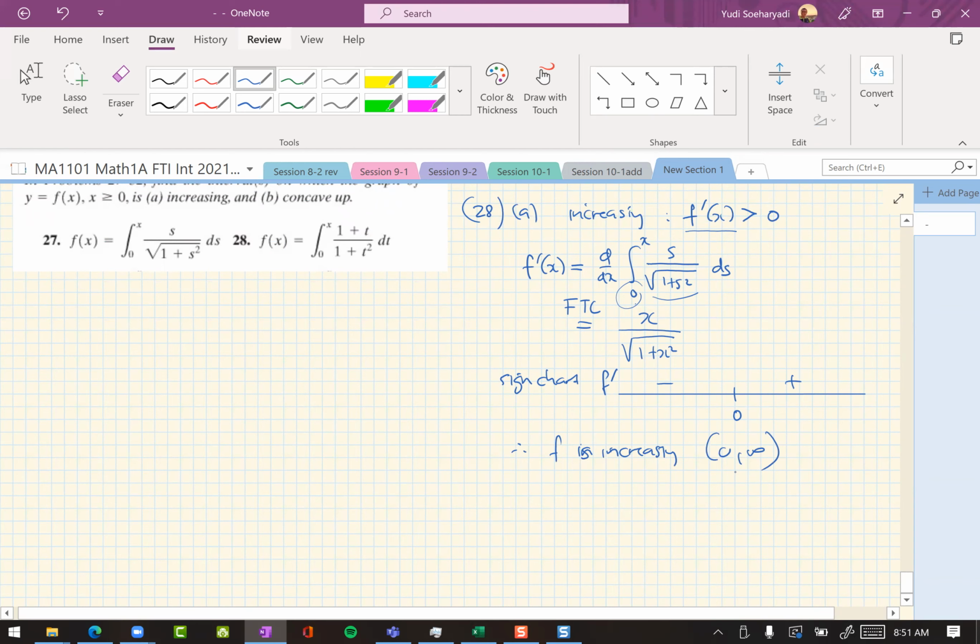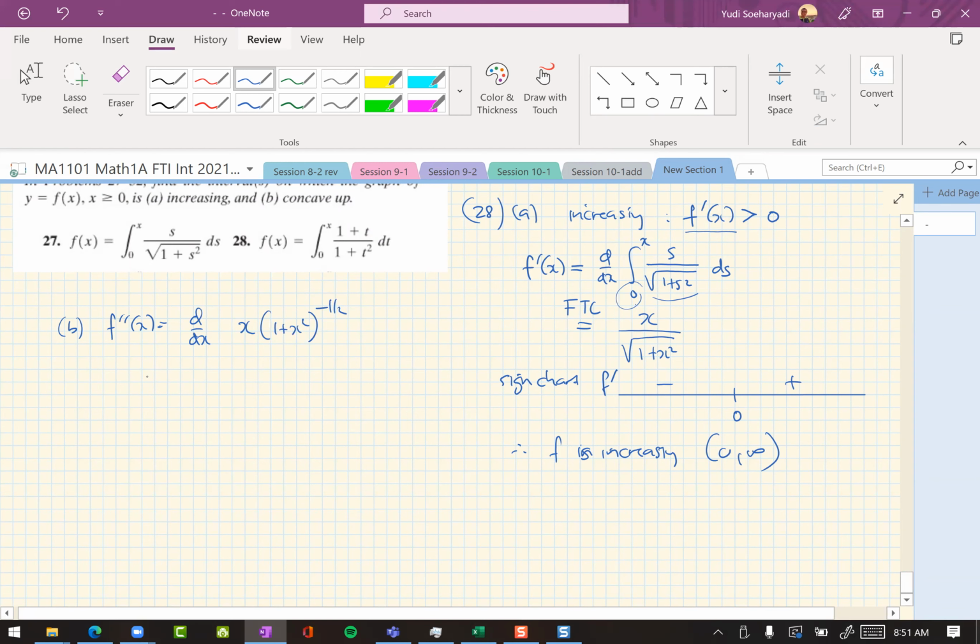Okay, and concave up. Concave up is the second derivative. Well, that second derivative is easy, because you take the derivative of this one. So you can write this down as just x times negative 1.